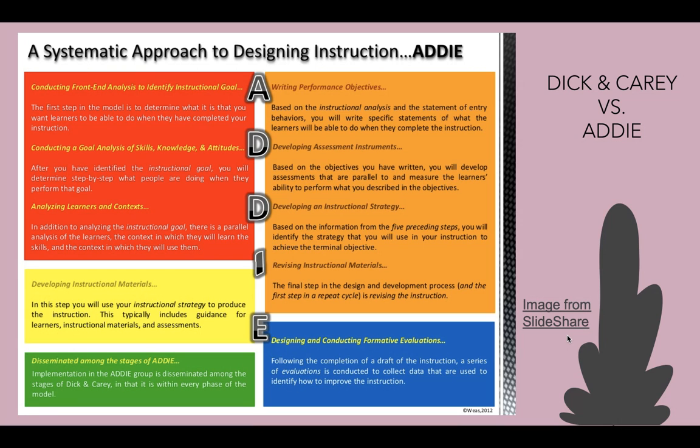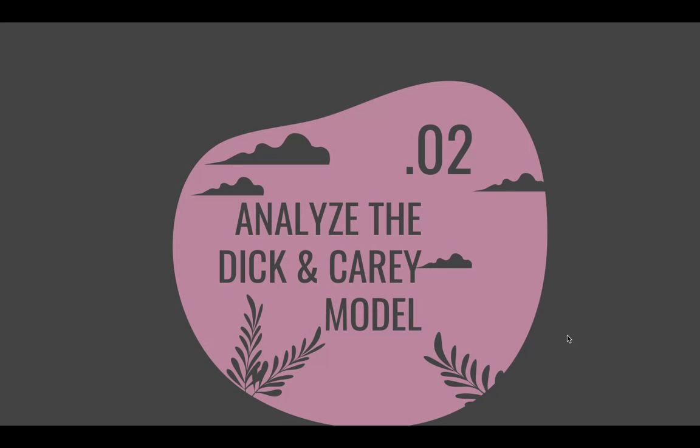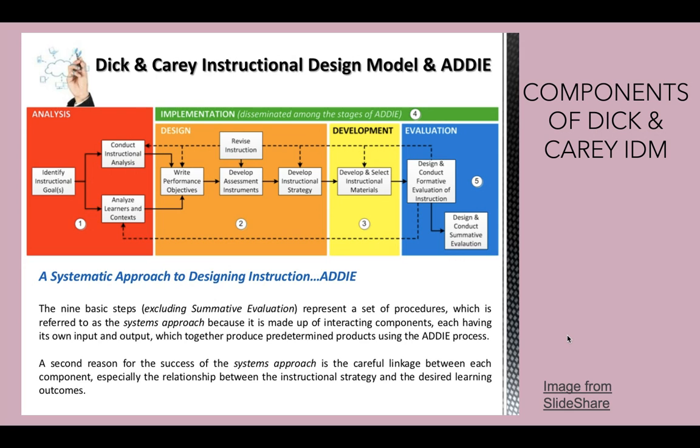What I chose was the 10. So I'm going to analyze the Dick and Carey model, and I'll talk to you about why I chose the 10. The very first step is to identify instructional goals.